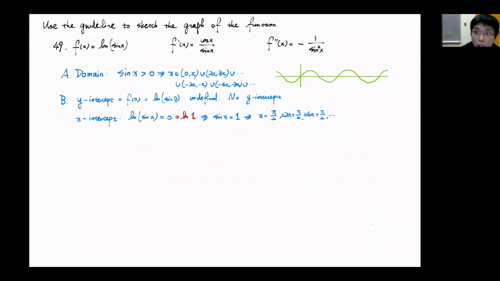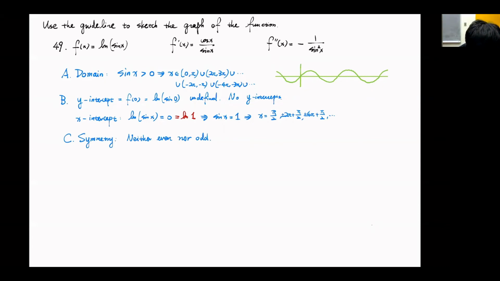What should we study next? You should recall that the next thing we want to study is the symmetry. Regarding this one, I will not bother to write what f of minus x is, because we can see directly that this function is neither even nor odd. For functions that are even or odd, their domain has to be symmetric about the point 0.